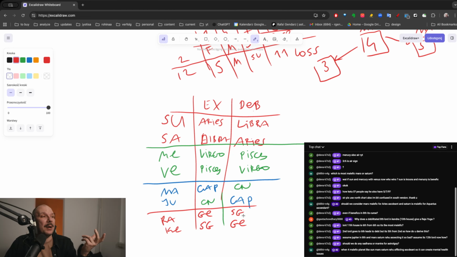So if we think about it, to understand this it is very helpful to understand which natural houses these signs are lording. Like Aries is the first house. Therefore, Sun is very important to self-identity and self-understanding, right? Identity. Whilst Saturn exalts in Libra, Libra is seventh.